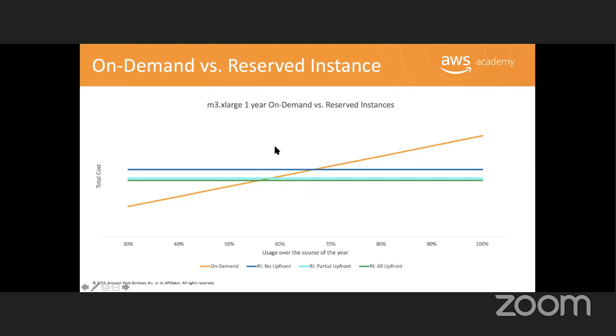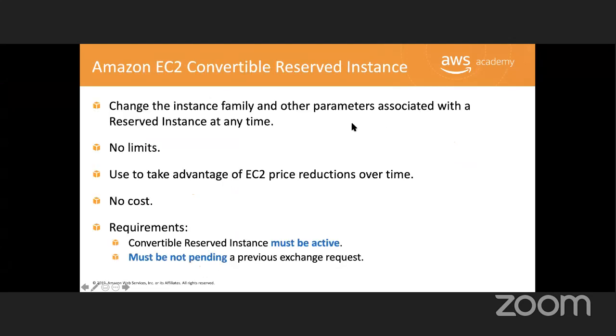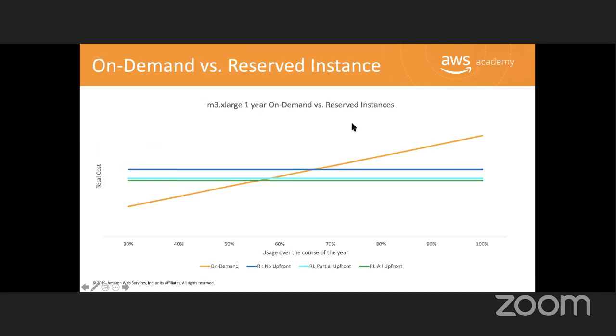You decide that you need an M3 X large instance that runs Linux and is located in the US East region. You wonder what the level of the usage or the number of hours in a month that you will run the instance. That's why I was saying before, it depends on how much you're using it. What is the capacity of the EC2 instances that you have? What are the business needs? There are so many factors that come into play when it comes to these reserved instances.